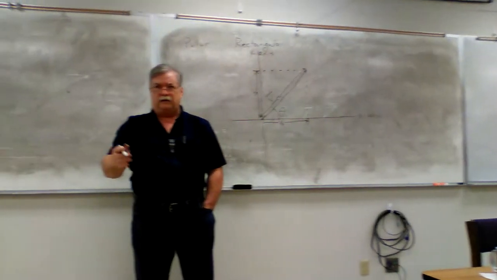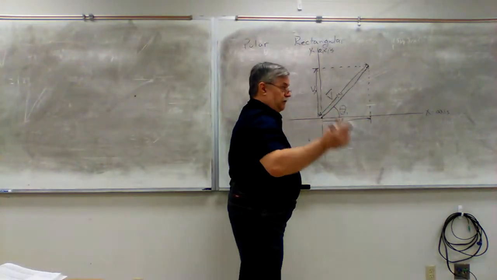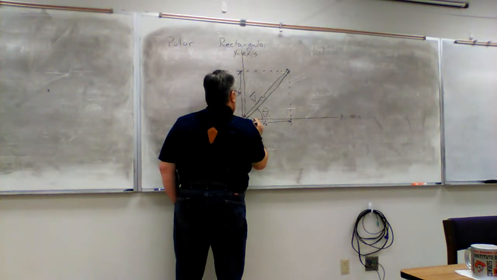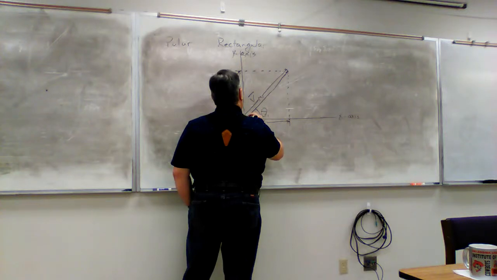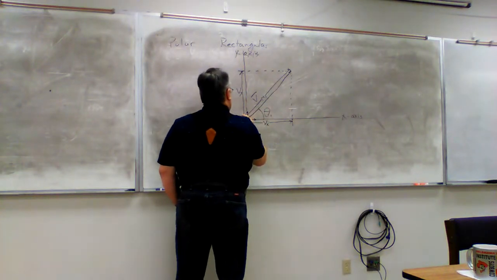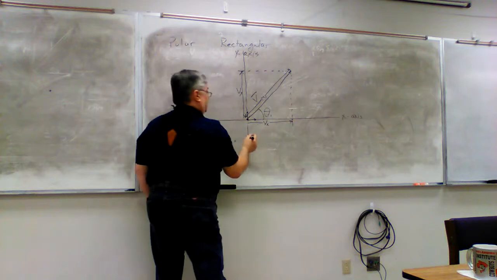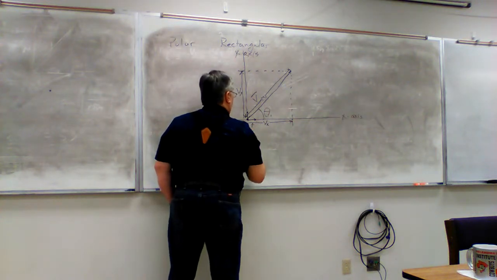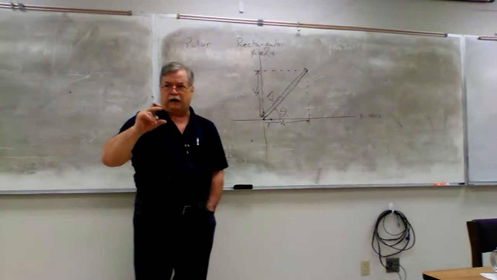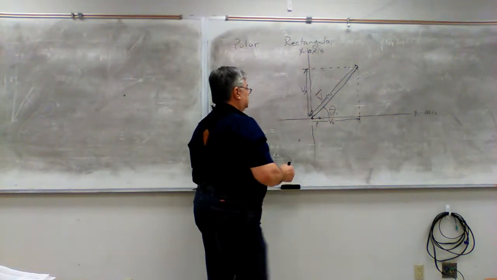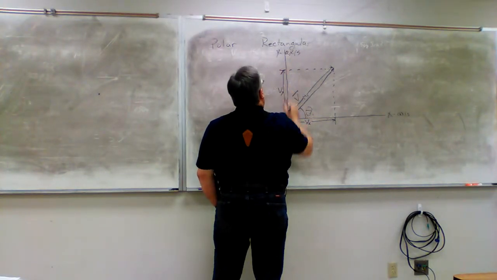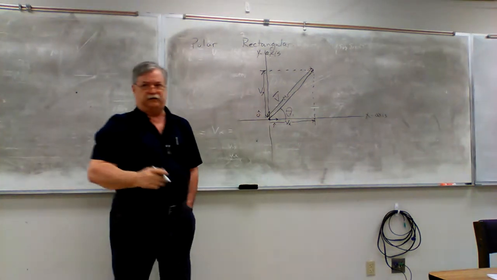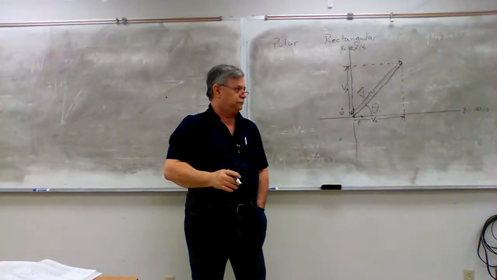Now, in order to write this as a vector, we define two unit vectors that are 1 unit long. The one along the x-axis we define as the unit vector i, a lowercase i with a caret over it. And we define the vertical or y-axis unit vector as j, a lowercase j with a caret over it.